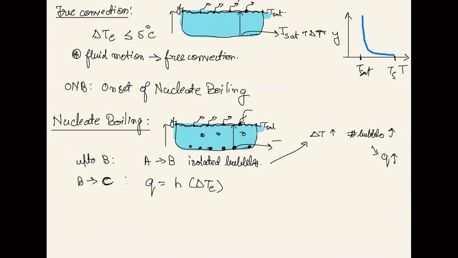From B to C, H is decreasing but delta T is increasing, hence Q is increasing. Why is H decreasing?